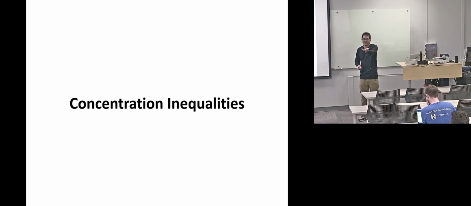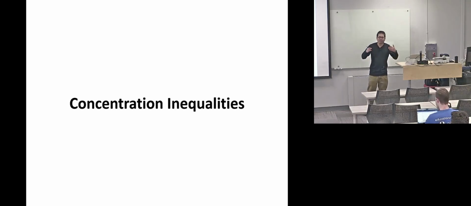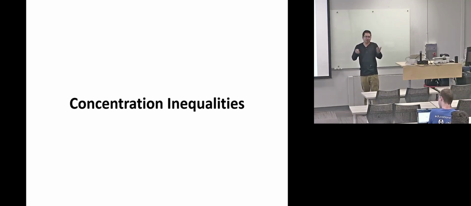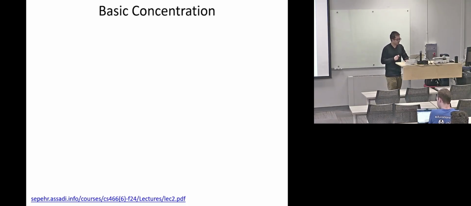That's the simplest description of a random variable. But many times you want to say that the random variable is close to its expectation. That's when you need concentration inequality. How to say that what really happened is not too far from its expectation with good probability.